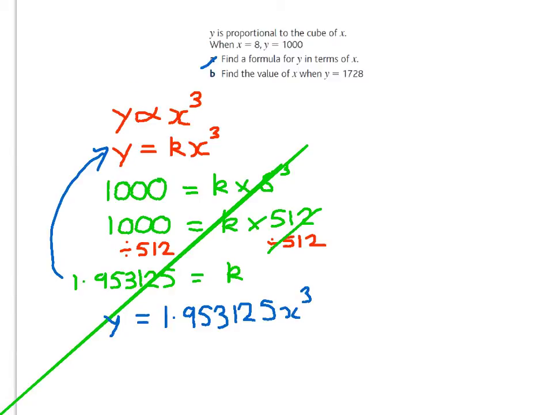There's only one other part here. Find the value of x when y equals 1728. So when y is 1728, I need to go and find x, and it's 1.953125 x cubed.